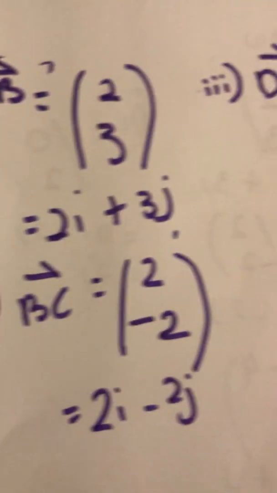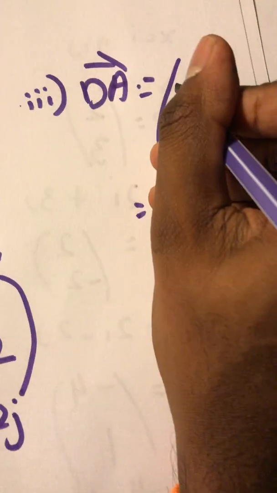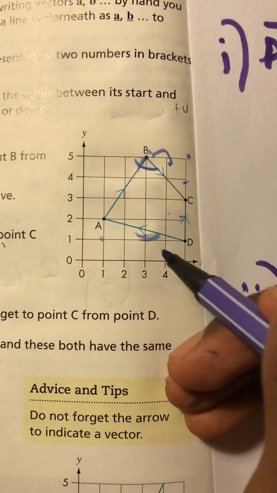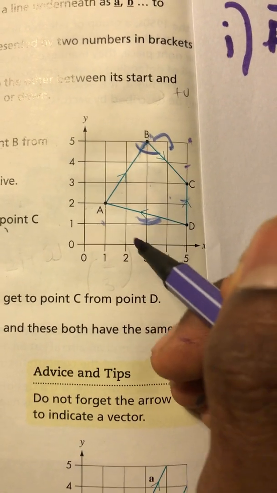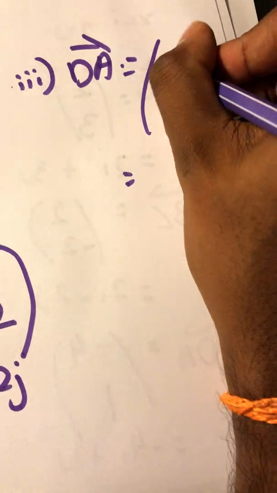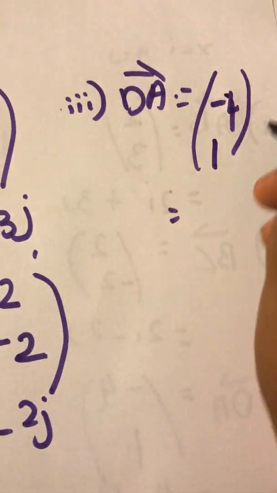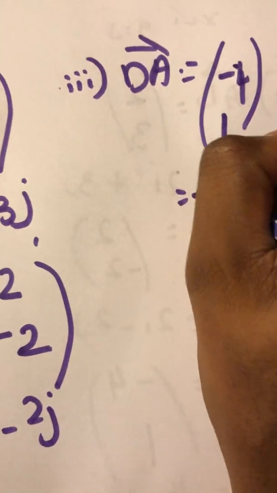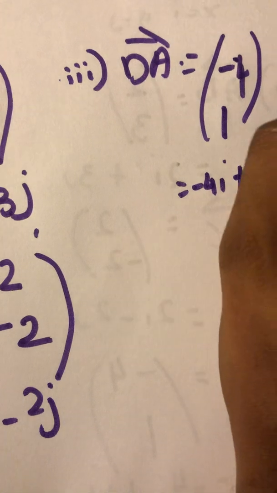Going left means the first thing I need to do is add a negative here. How many do I travel? 1, 2, 3, 4. So I move by 4. Sorry, my writing. And then from here I move up by 1. Up means positive, so I just write positive. Or you can write negative 4i plus j.